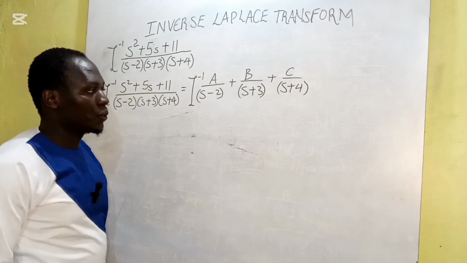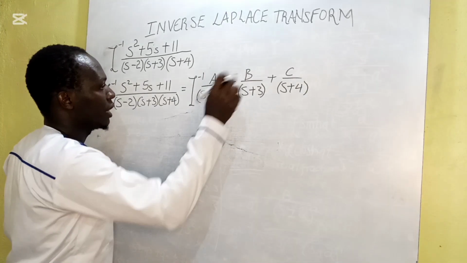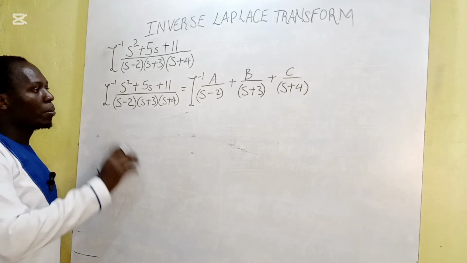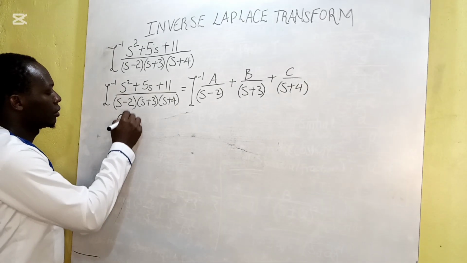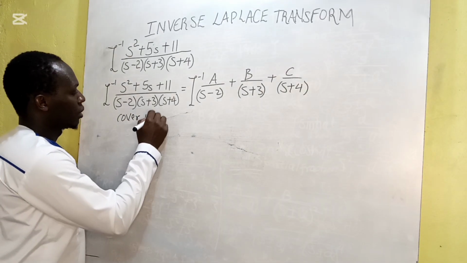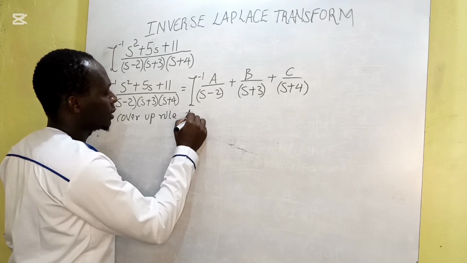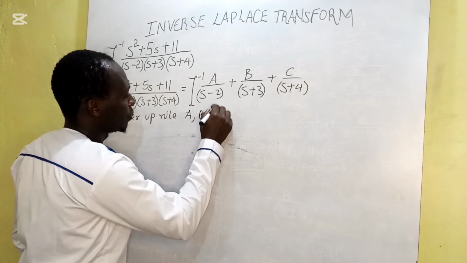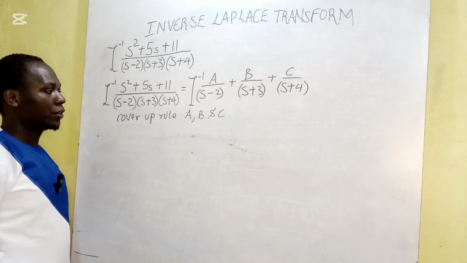Let us now use the partial fractions formula to get the values of A, B, and C. For us to get those values, we must use the cover-up rule. The cover-up rule is used in partial fractions.